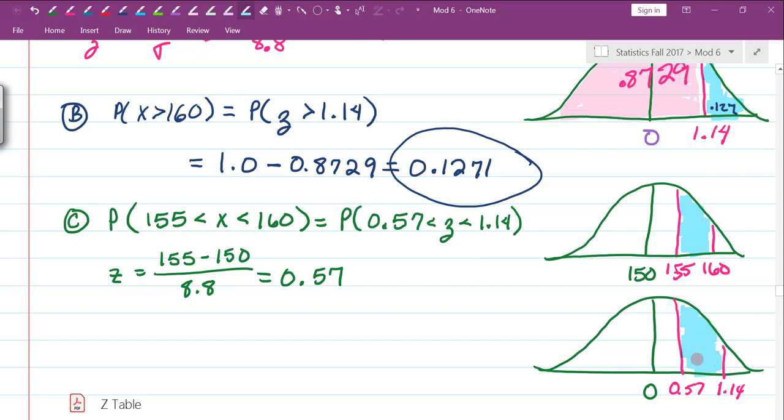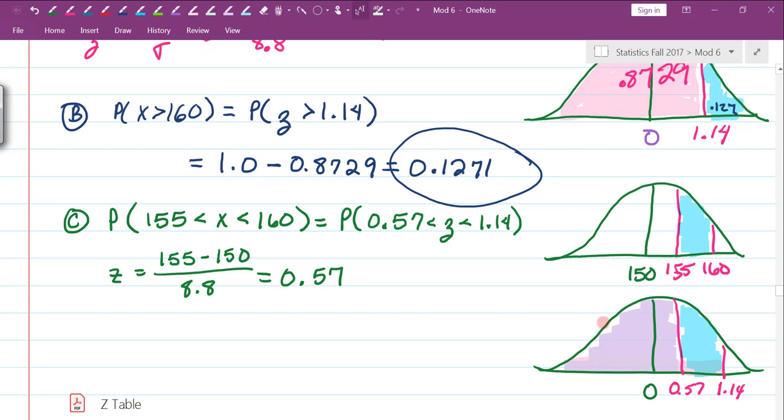Now, how do we use our UWF z-tables to determine that? Well, when I look up in my tables the 0.57, remember that the area that I'm provided is this area to the left, okay? So when I look up 0.57, I'm going to find this area over here. When I look up 1.14, I'm actually given this whole area all the way over, okay?